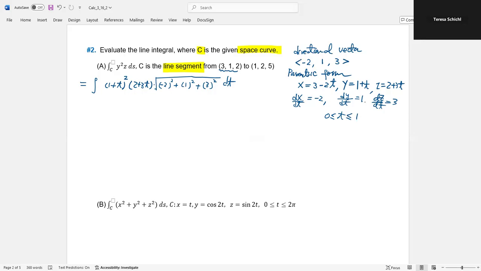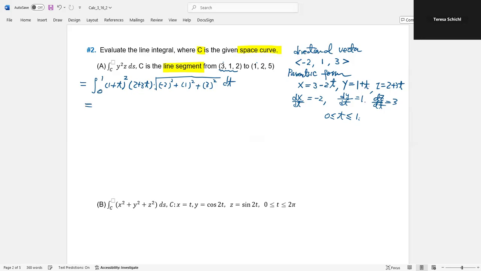That's because 3 minus 2t starts at 3 and ends at 1, so t equals 1. And when t equals 1, y is going to be 2. So t goes from 0 to 1.